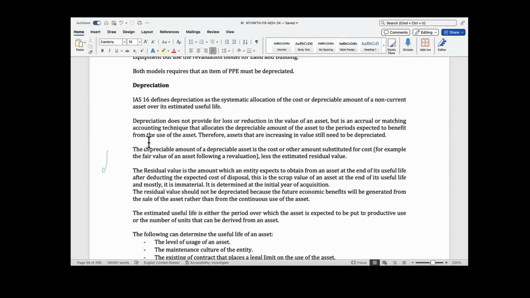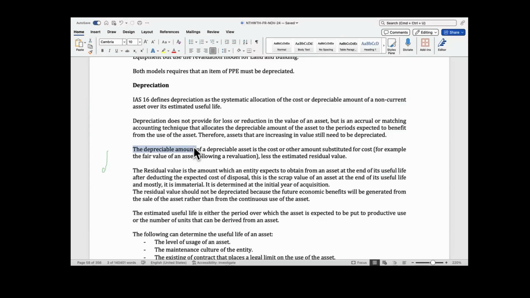That is why the depreciable amount, which is the portion of the cost that we are actually depreciating, is the cost minus that portion we will not depreciate, which is residual value, which is what we will obtain at the end of the useful life of the asset. After we have used this asset, whatever value is now remaining is residual value.